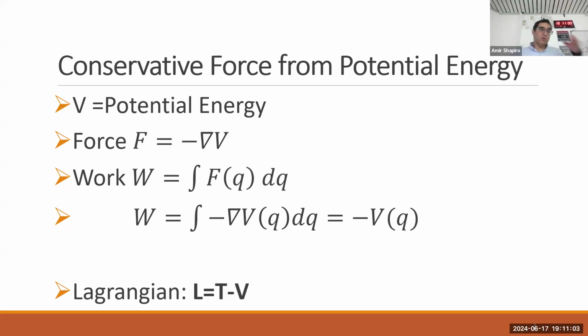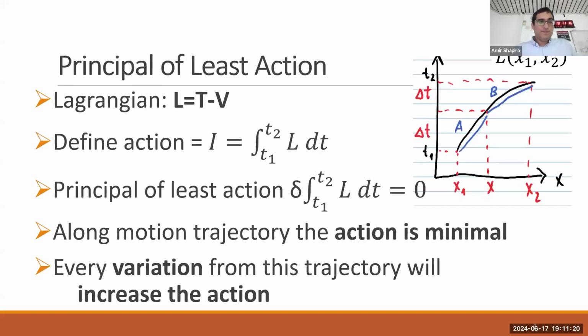Okay, so we will continue. So we go to the Lagrangian, which is the kinetic energy minus the potential energy. And now we get to the principle of least action, which is kind of the principle that governs nature.